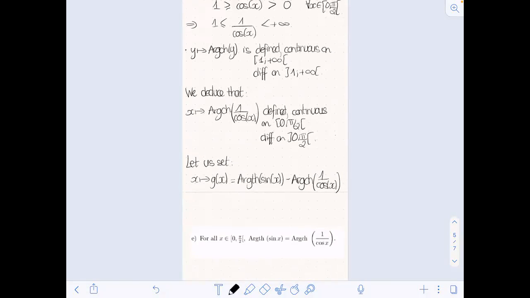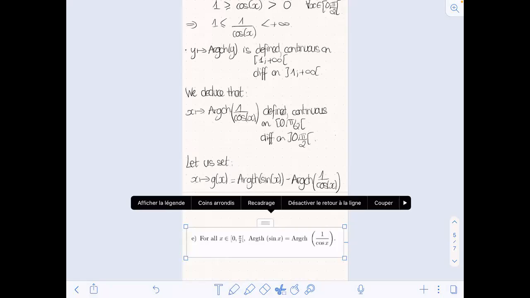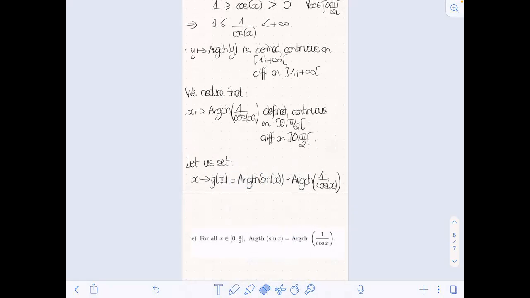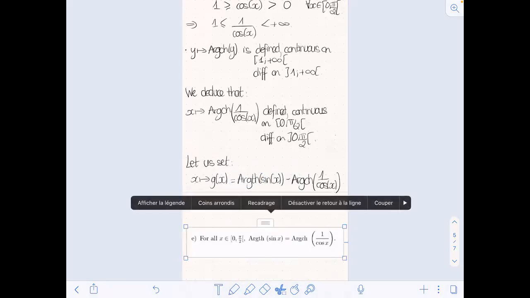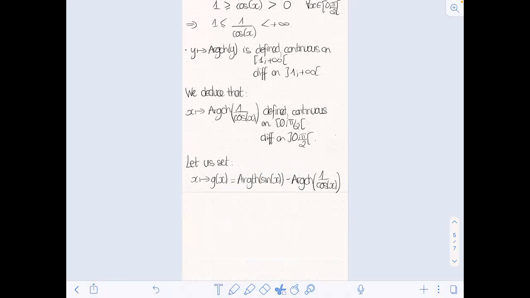So let us set x maps to g of x equal to argth sine of x minus argch of 1 over cosine of x. If you want to look at where the function is defined, continuous and differentiable, we need to take the intersection of the terms that we had earlier.